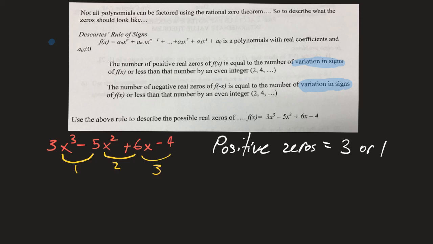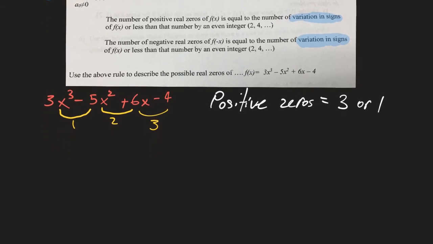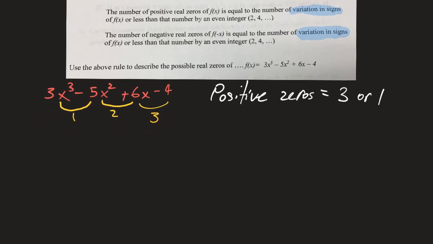Let's go ahead and try to do the negative zeros. When we want to do Descartes' rule of signs for negative zeros, we have to do f of negative x, which means basically just replace all your x's with negatives. Remember to always put parentheses when you do this. It can seem tedious, but it will save you from screwing something up. And remember, every point matters in this class.